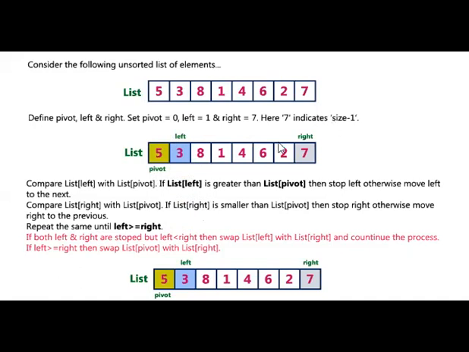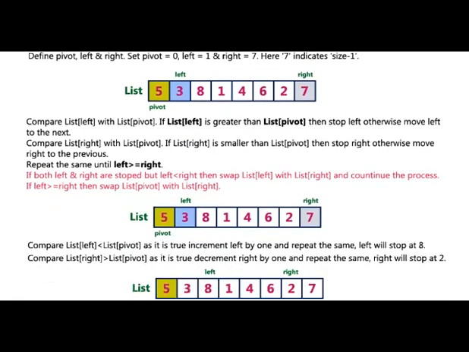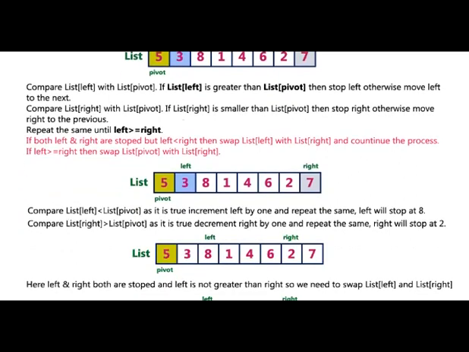We check the condition: whether the element at i is greater than the pivot element 5, and whether the element at j, 7, is less than the pivot element. So we compare these two things one by one, following the algorithm.